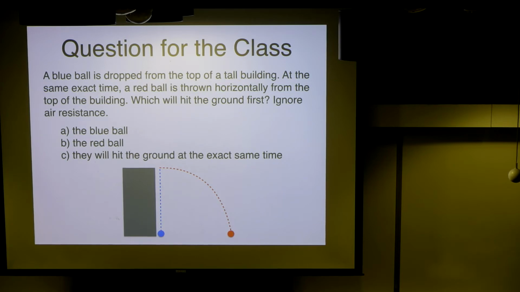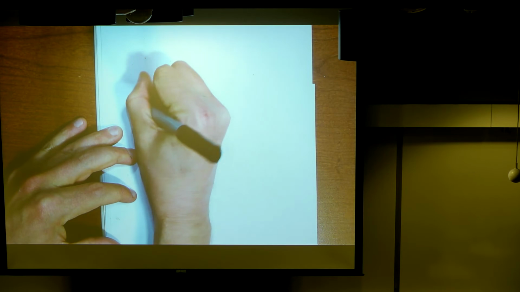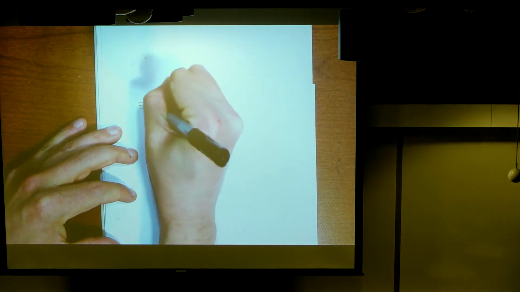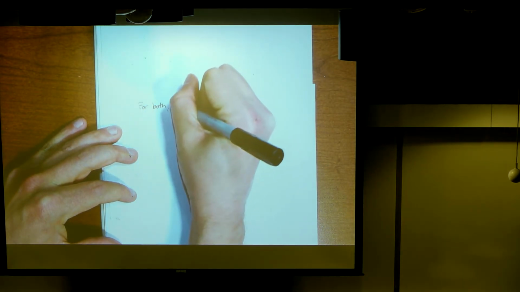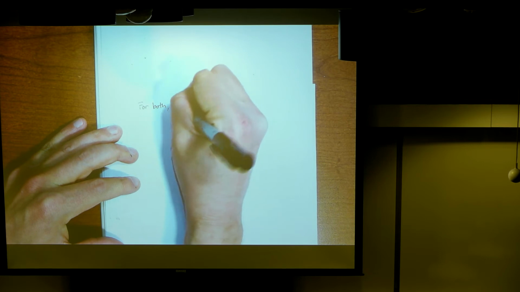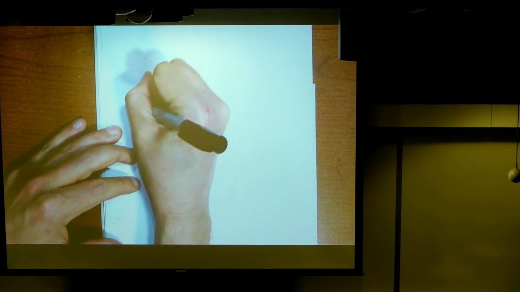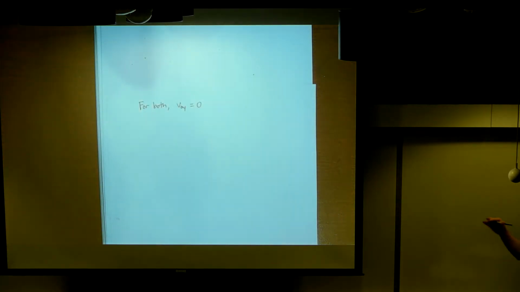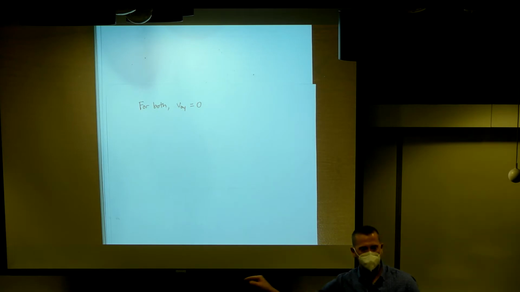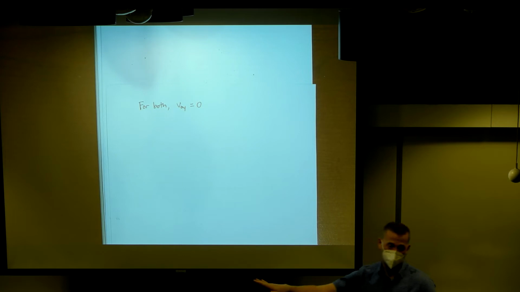So let's flesh that out in a little more detail. So the idea here is for both, the initial y velocity is equal to 0. So that's, of course, true if I just drop something. It's also true if I throw something horizontally. It's not moving in the y direction to start off. Okay?